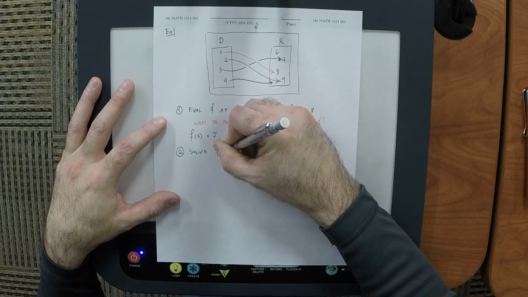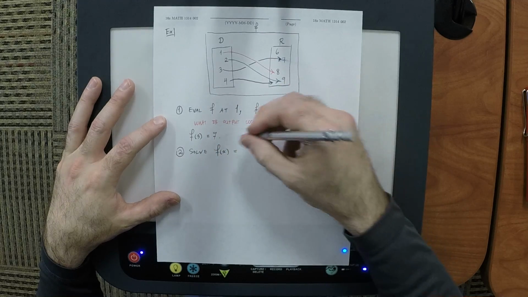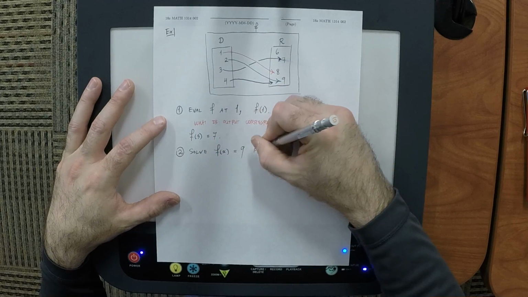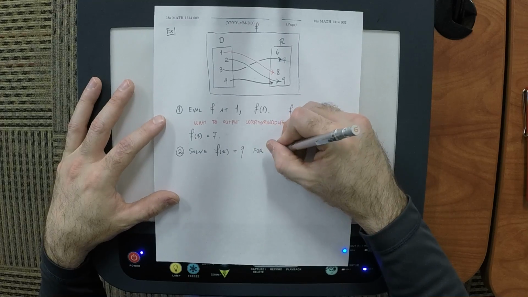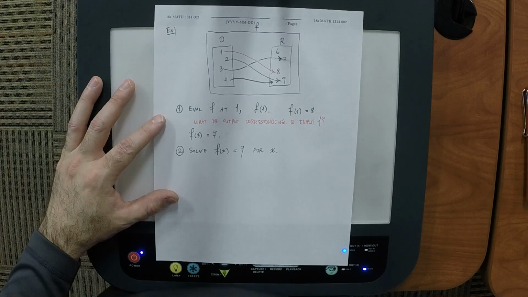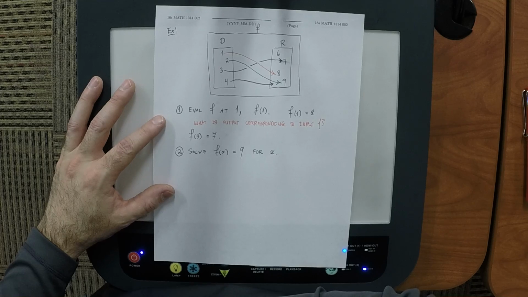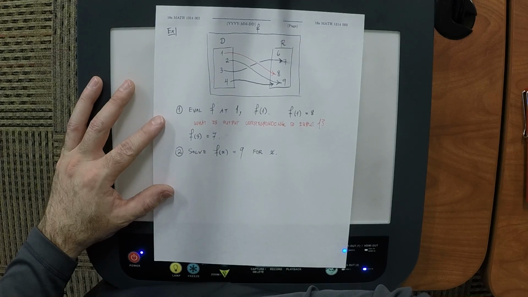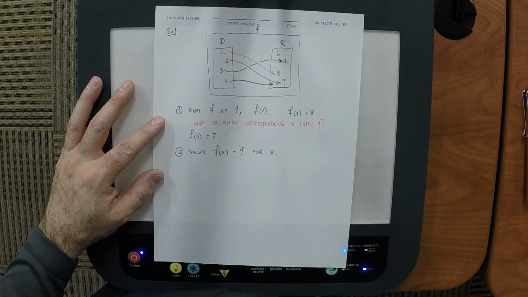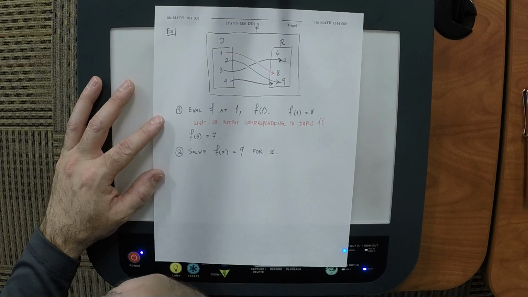f of x equal to 9 for x. A 2 or 4, right?